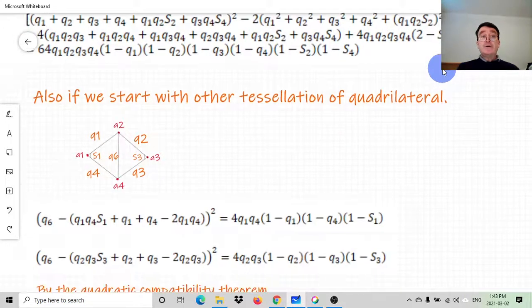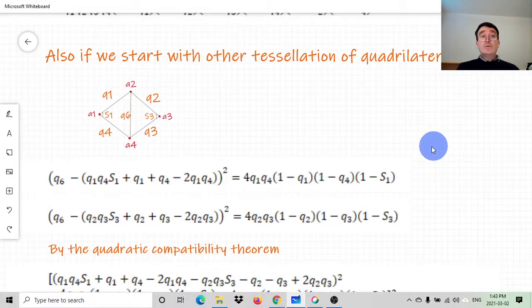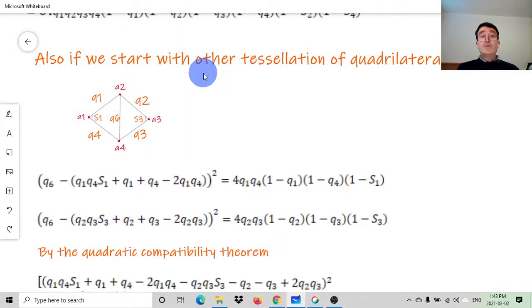Now, we could also start with this form of the quadrilateral, where we're using the common edge Q6 between A2 and A4. So then we have this projective triangle here and another projective triangle here. This is the alternate form of the cross law for this projective triangle, and this is the alternate form of the cross law for the second projective triangle.